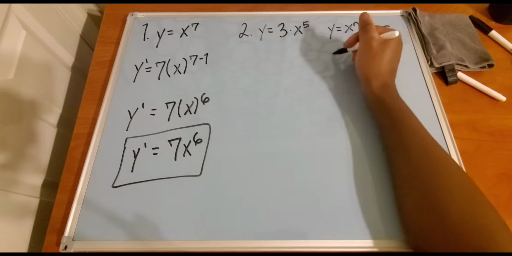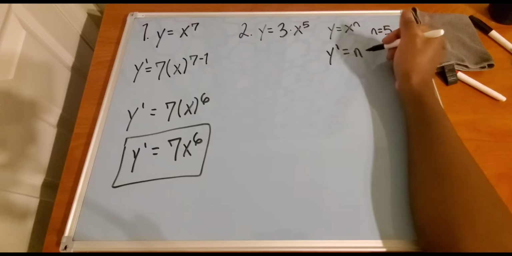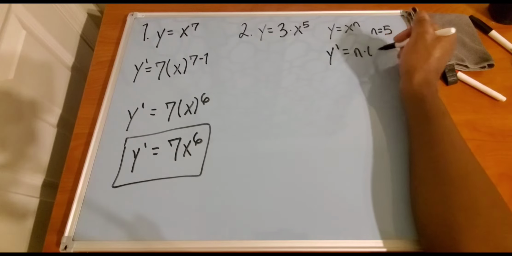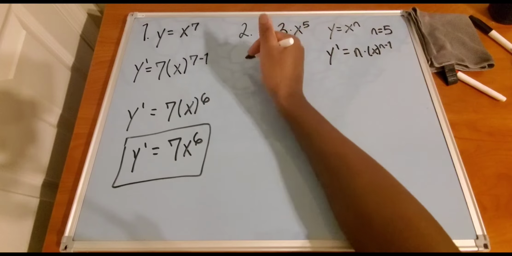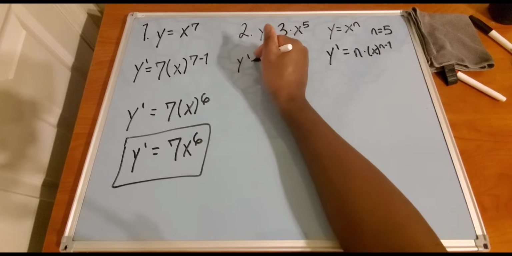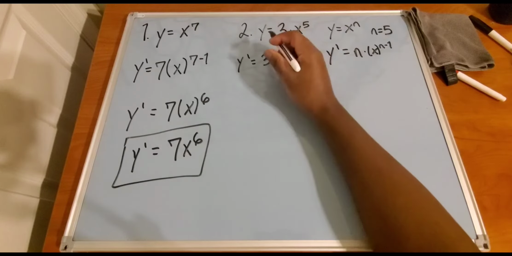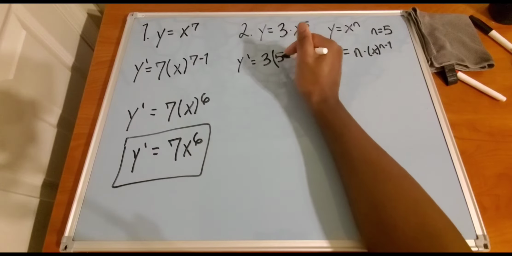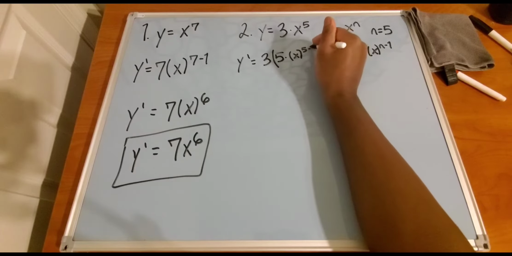So let's just keep the 3 on the outside when we take the derivative. We know the derivative of y is equal to n times x raised to the n minus 1 power. So the derivative of y will be equal to 3, keep that outside, parentheses, n is 5, 5 times x raised to the 5 minus 1 power.